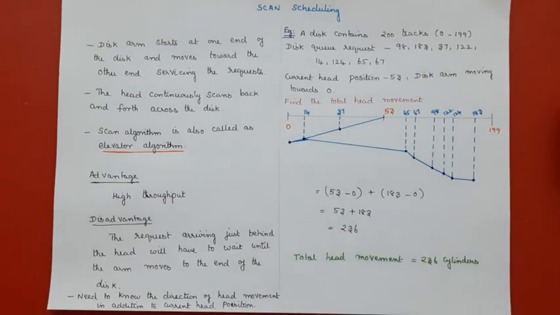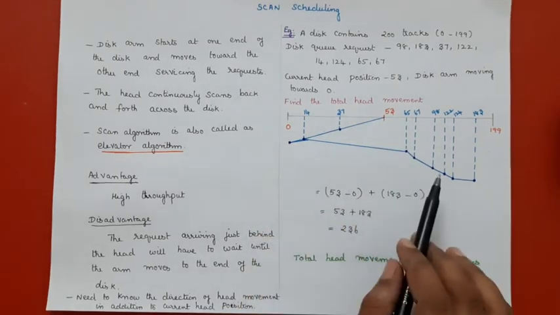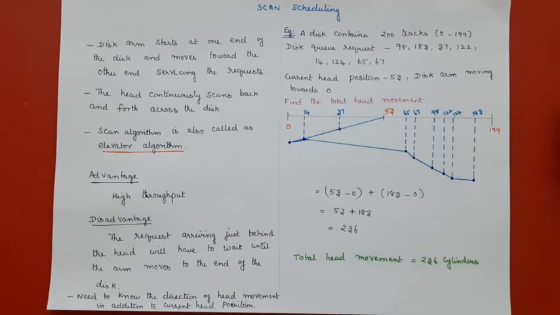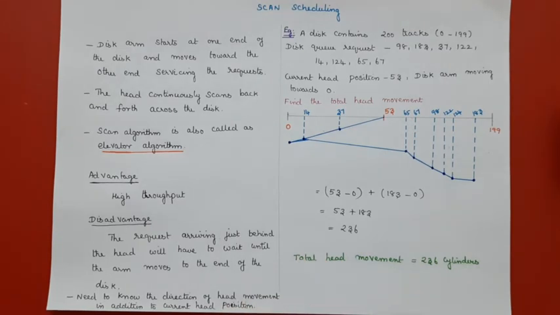Here you need to note one more point: once it reaches 14, you should not move back and service 65. It has to go all the way towards 0. So from 14 it reaches 0, checking whether any other request is there between 14 and 0.